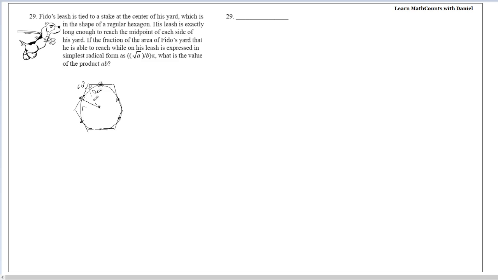And because this is 90, now we have a 30, 60, 90 triangle, which has a specific ratio of its sides, 1, root 3, 2. What we're interested in is this side right here, which is 2 over root 3 times r.